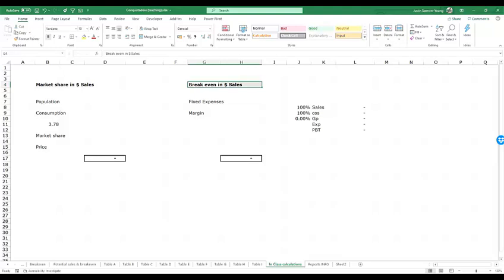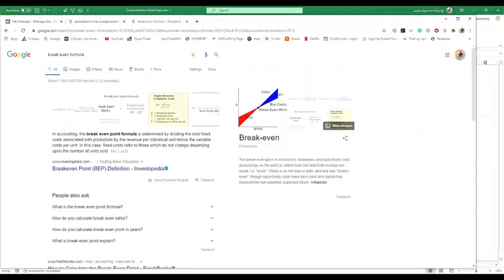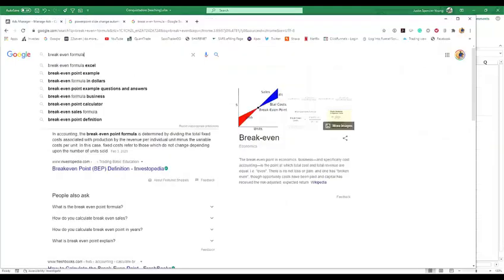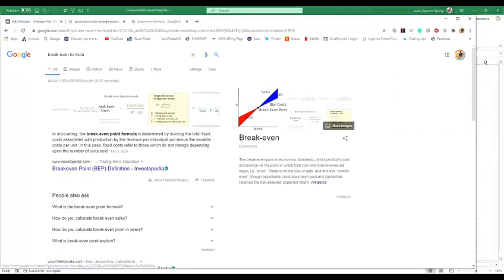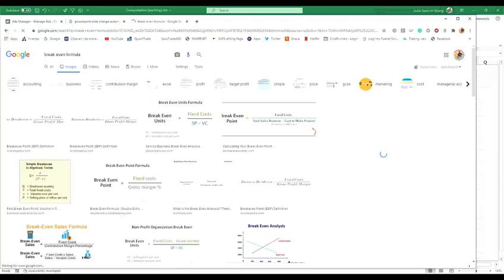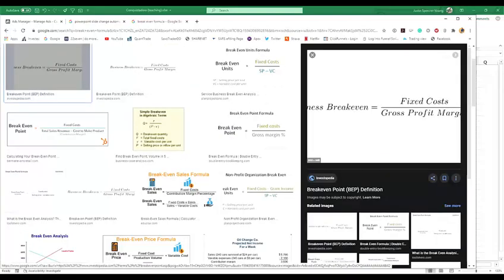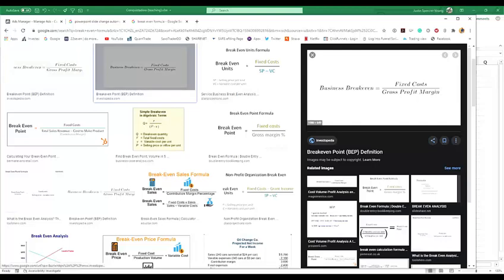I'll start with the break-even because I do think that's the easiest. If you Googled break-even formula, you would have come up with something that looks like this. Let's pick a picture here and see what it says to us. Here we go. Not quite easy to see this. This is the easier one. Break-even is the fixed cost divided by the gross profit margin. All right. So that sounds reasonable.